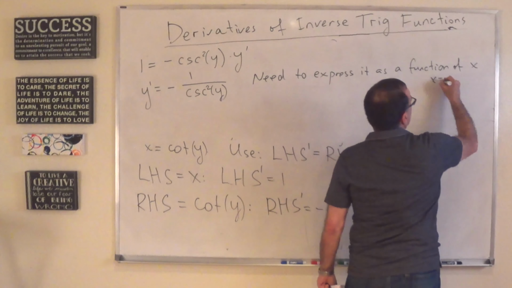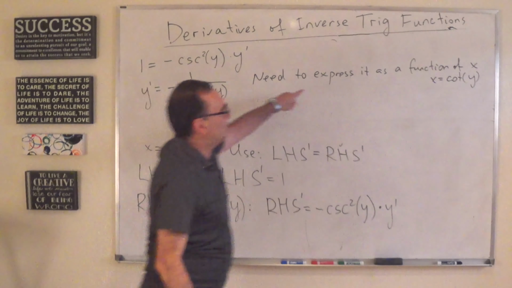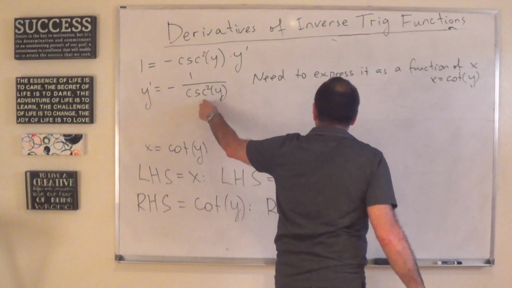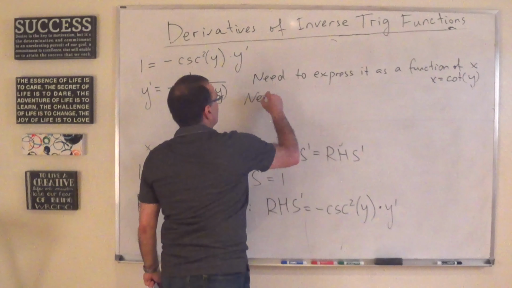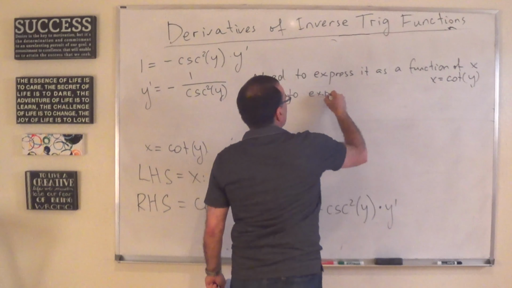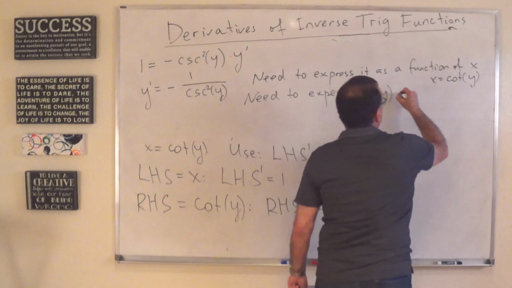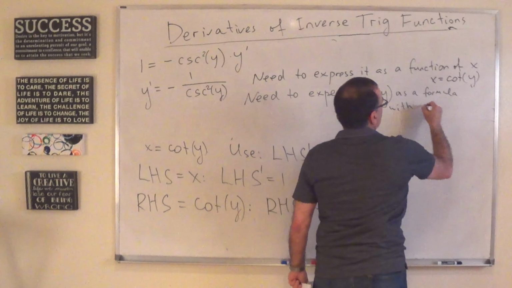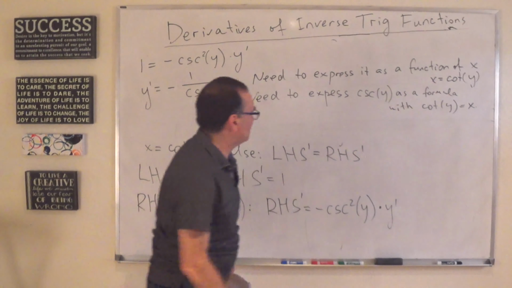So we need to express this formula as a formula involving cotangent of y. But this one has cosecant squared of y. So we need to express cosecant of y as a formula with cotangent of y, because then we will be able to replace it with x. Now, how do we do that?